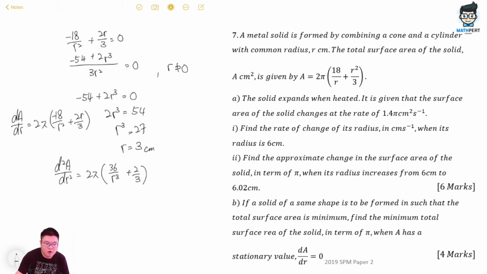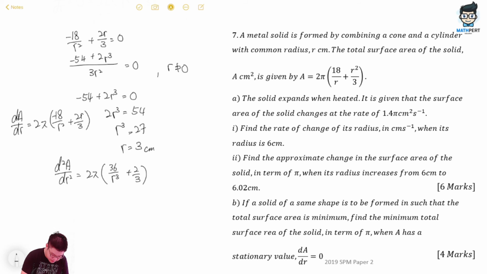Alright, so we got this. Then we substitute when r equals to 3, whether it is greater than 0 or less than 0. When it's greater than 0, it is minimum. When it's smaller than 0, that is maximum.